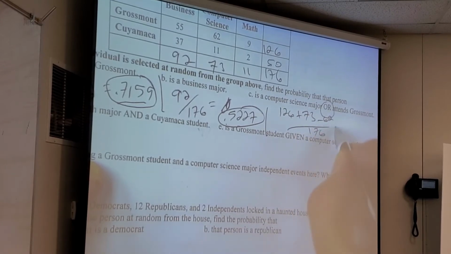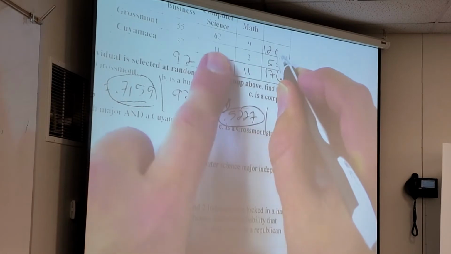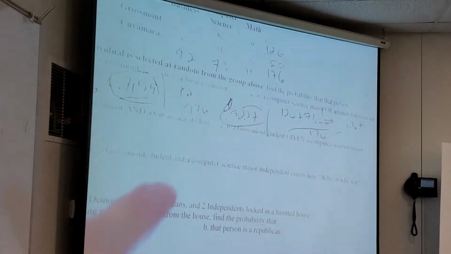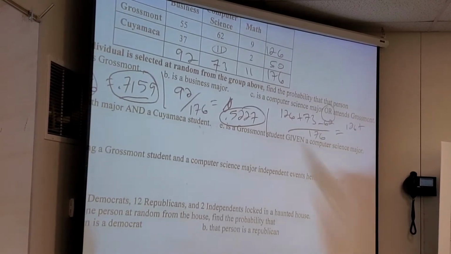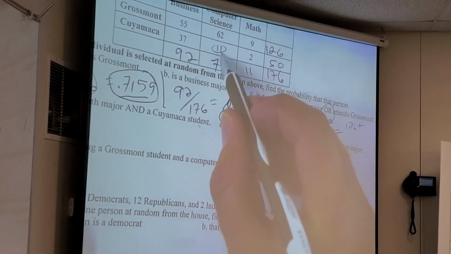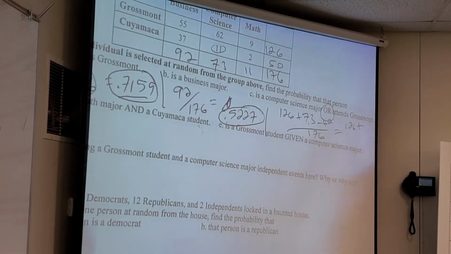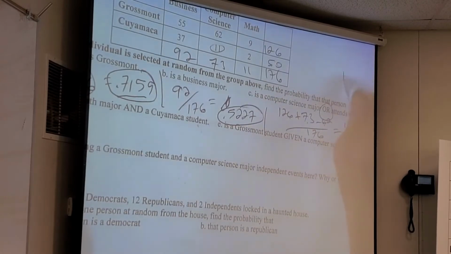Or you could just say 126 Grossmont students plus the 11 computer science majors I haven't counted yet. If I count all these people, how many computer science people have I not counted yet? 11. And what's 73 minus 62? 11. So either way you do it, the math is going to come out right.